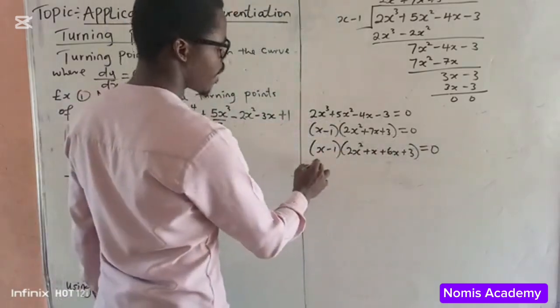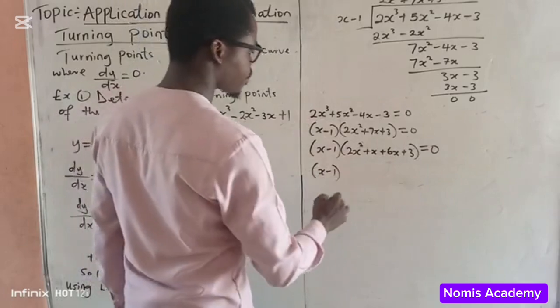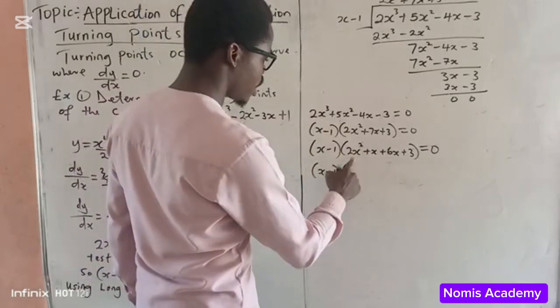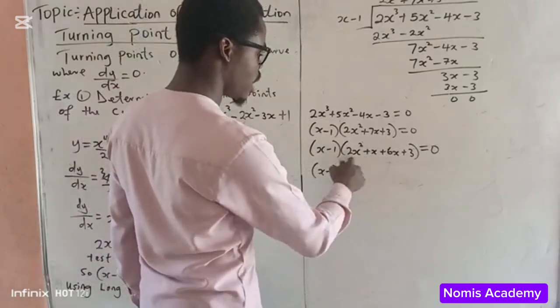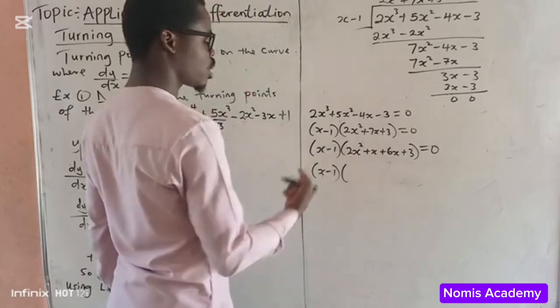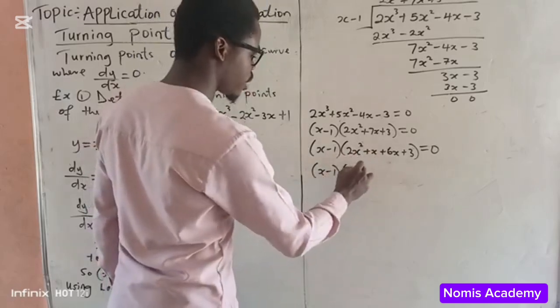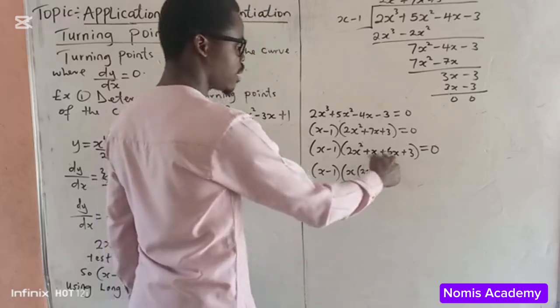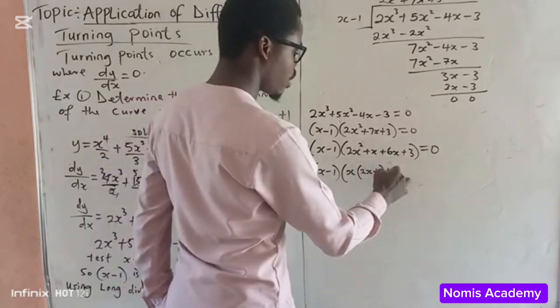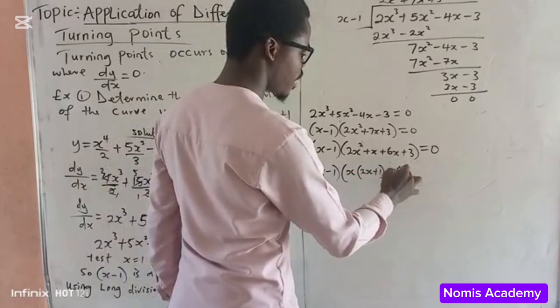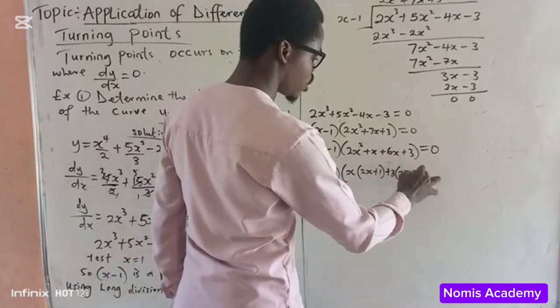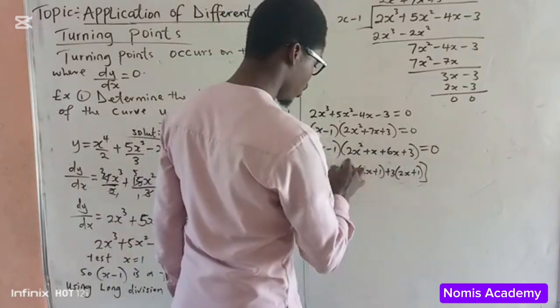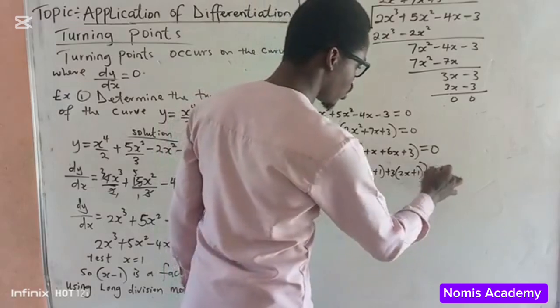So we move further, x minus 1, and picking the first two terms and choosing out what is common, and that is x into 2x plus 1. And then the same thing here, 3 is common, we pick out 3, and then we write 2x plus 1. So cover the bracket equal to 0.